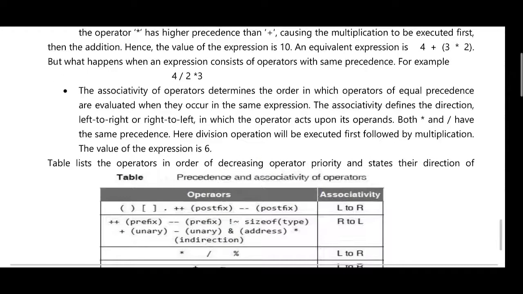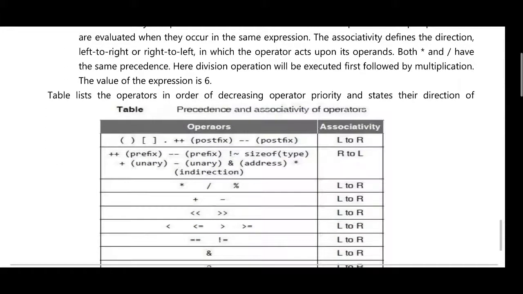Here is a table listing the operators in order of decreasing priority and stating their directions of associativity. First: brackets, square brackets, postfix increment, postfix decrement, all left to right. Then prefix increment, prefix decrement, unary plus, unary minus, right to left.